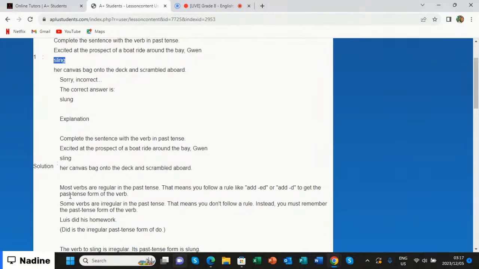So sling is in the present tense, which is now, but slung is in the past tense, which means that the I turned into a U within that word sling.